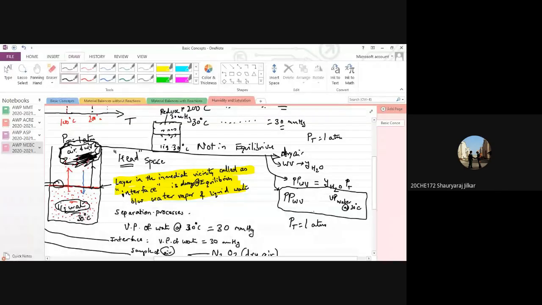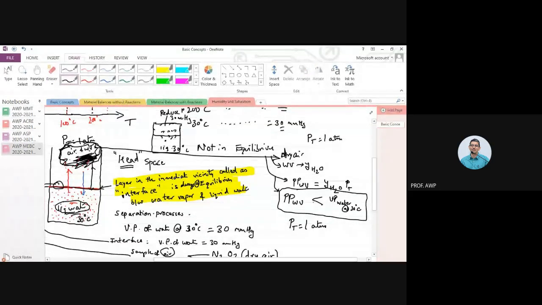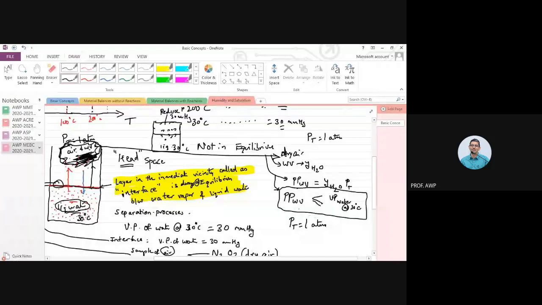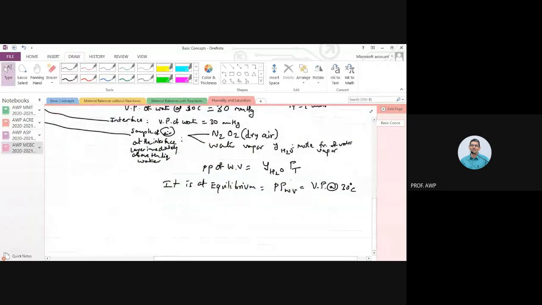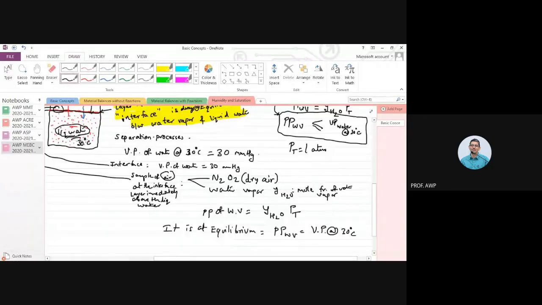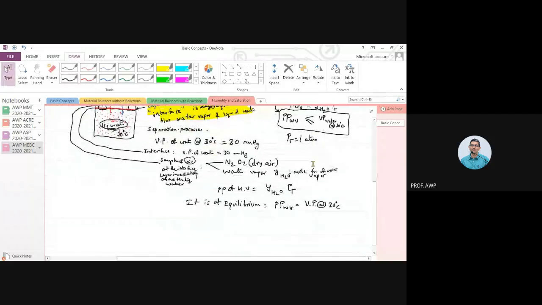They won't be equal. Which would be higher, which would be lower? So the vapor pressure would be higher. Right, vapor pressure is higher. So partial pressure is always less than or equal to vapor pressure. Right? So at the interface, they are in equilibrium.